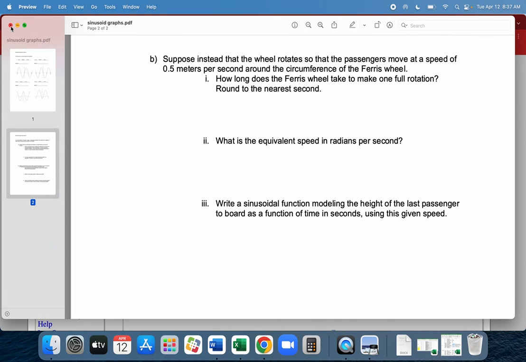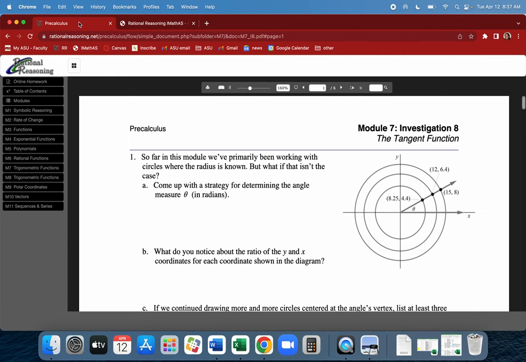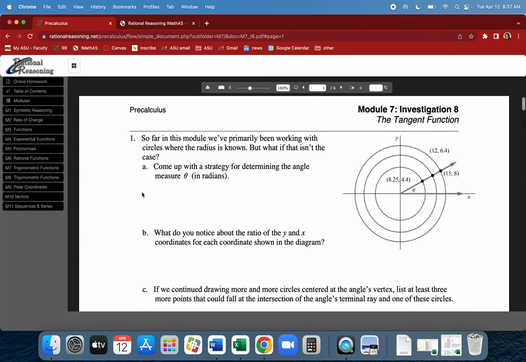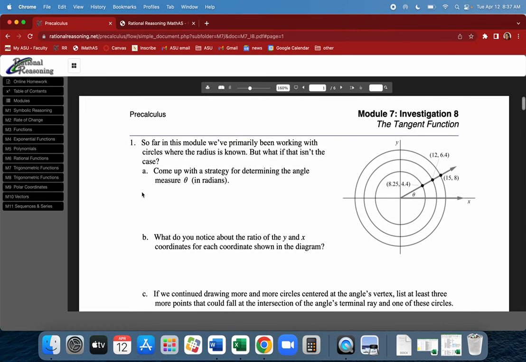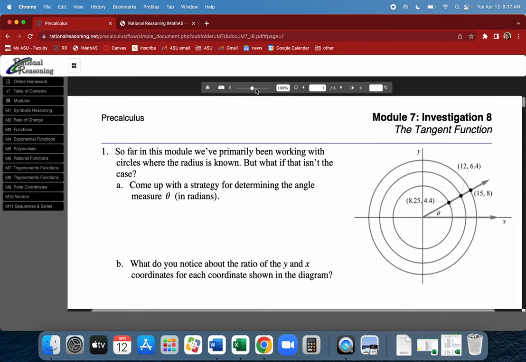let's take a look at the tangent function. The tangent function is related to sines and cosines, but I want to point out this investigation 8. If I had coordinate points on these circles, notice that the radii aren't labeled, but I could find the radius, right?